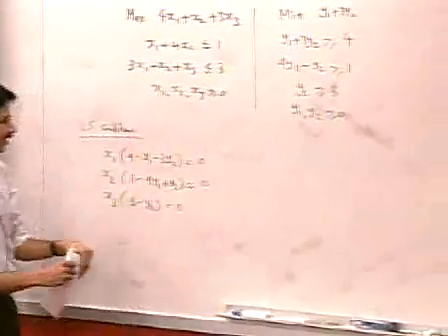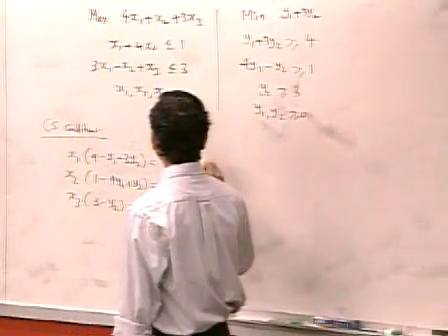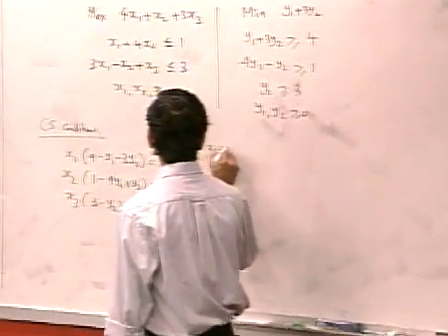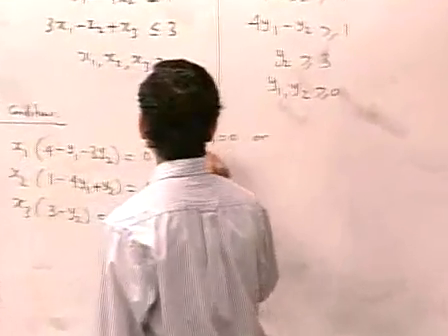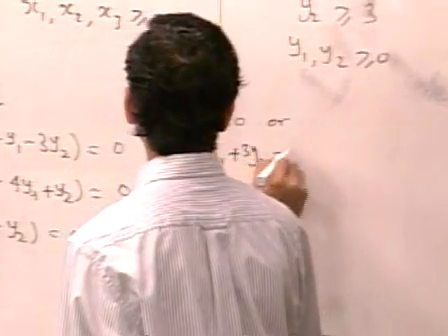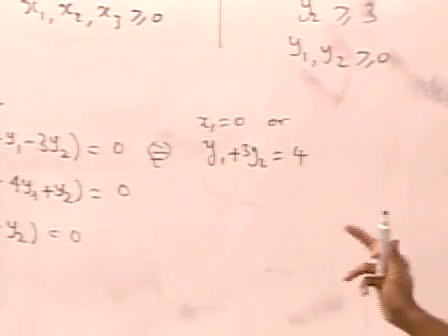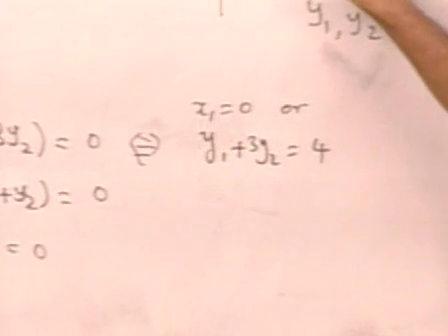So this is equivalent to x1 equal to 0 or y1 plus 3y2 equal to 4. Now we know that y1 plus 3y2 will always be at least 4.